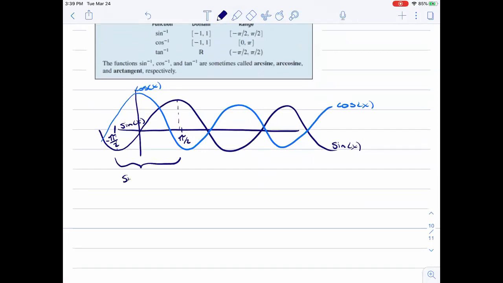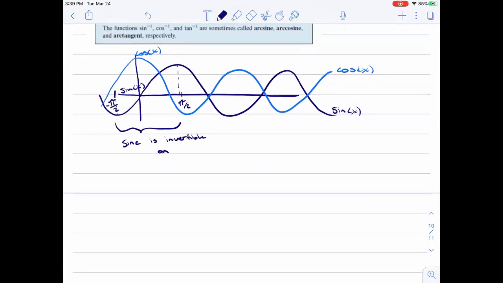So for example, sine is invertible on the interval negative pi over 2 to pi over 2.